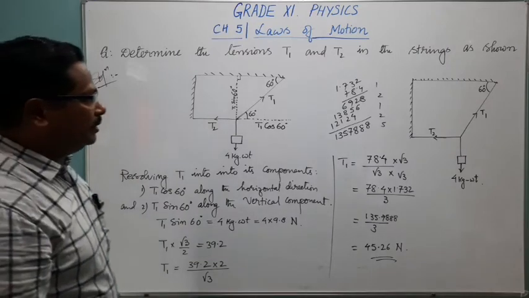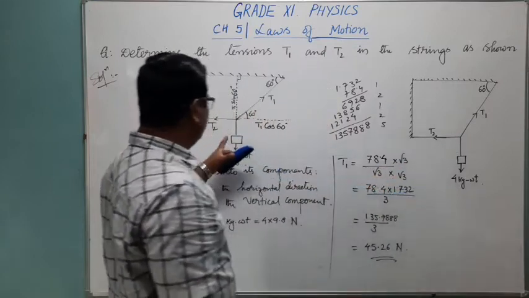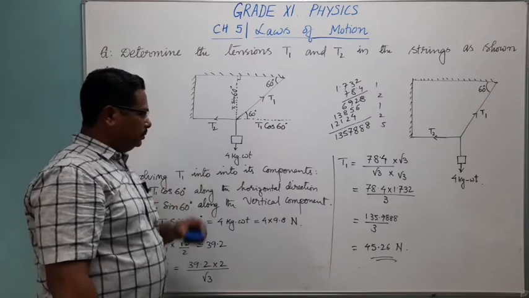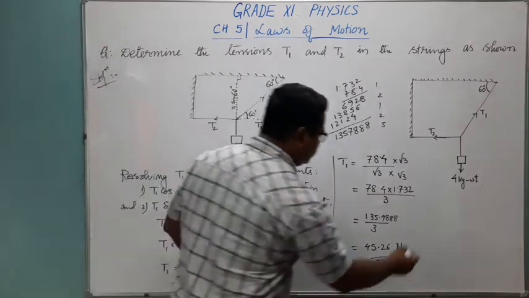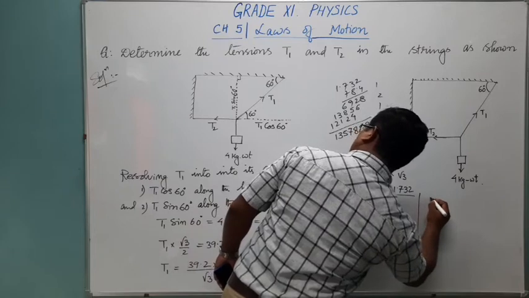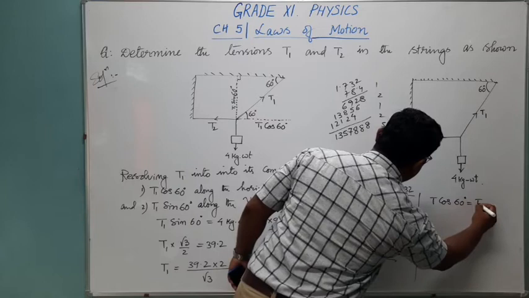Then to find out T2, you can use this relation. Here, where you have redrawn, T1 cos 60 degree is equal to T2. For the second one, T1 cos 60 degree is equal to T2.